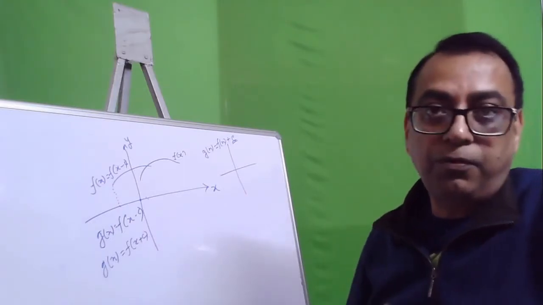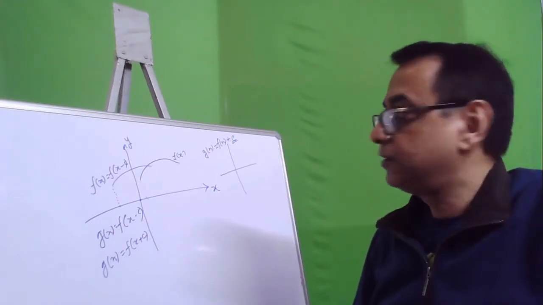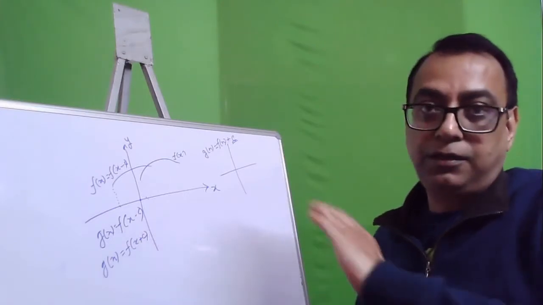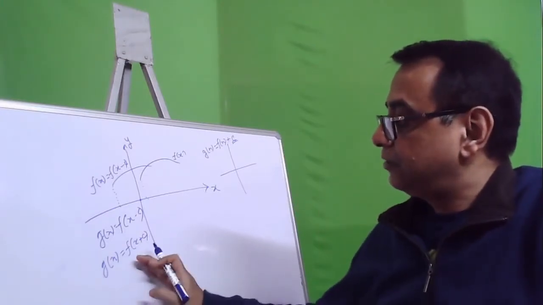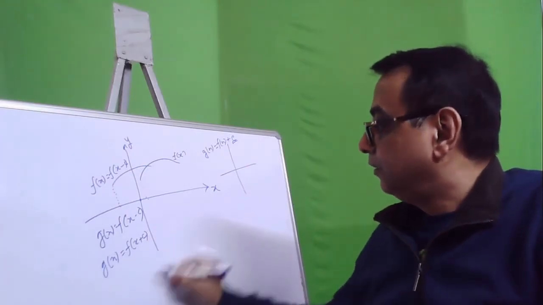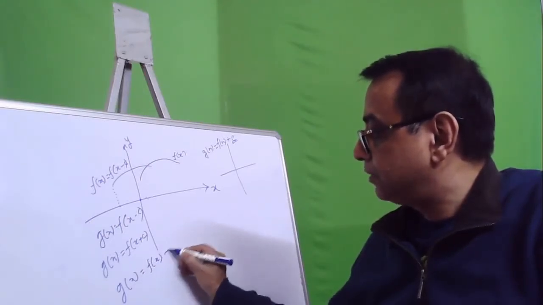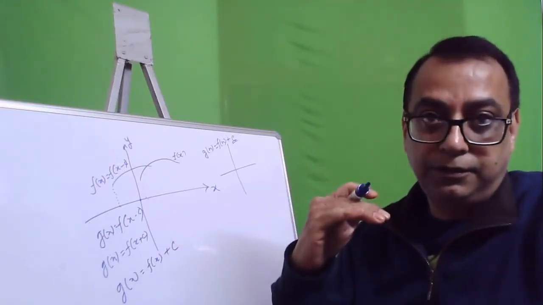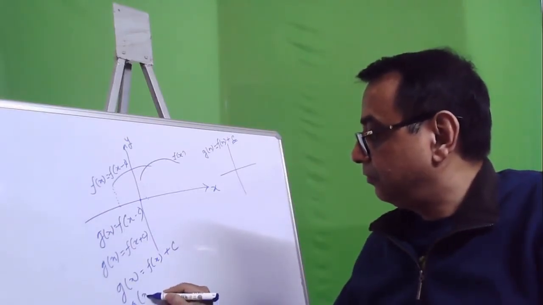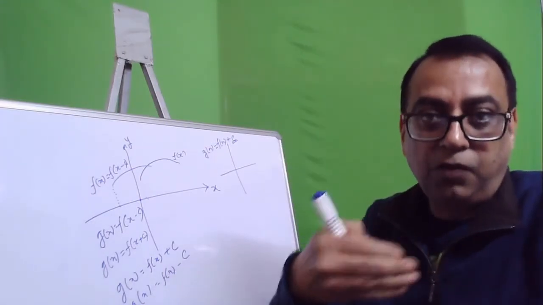So let's talk about the new function as g(x) and the old function as f(x). So g(x) will be f(x minus c). That means it is going left side. g(x) is equal to f(x plus c), right side. When we say g(x) is equal to f(x) plus c, then the graph is going up, and g(x) equal to f(x) minus c, it is going down.